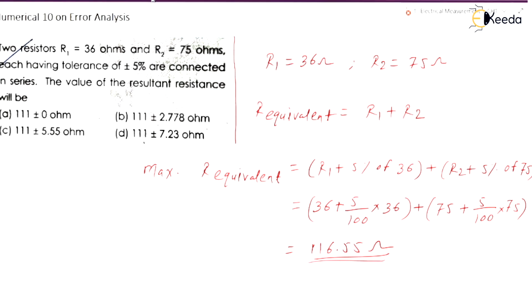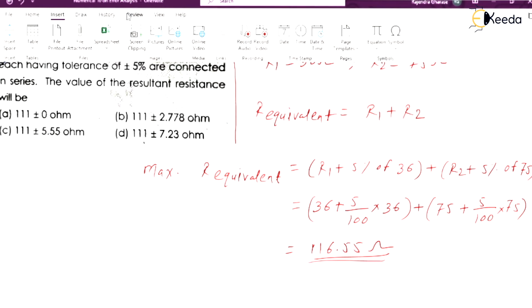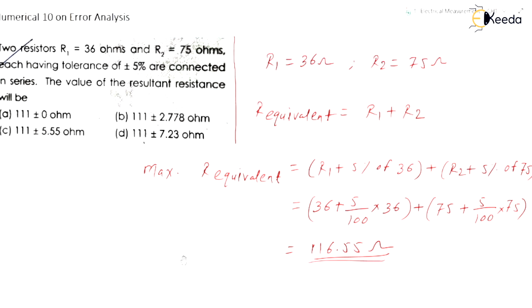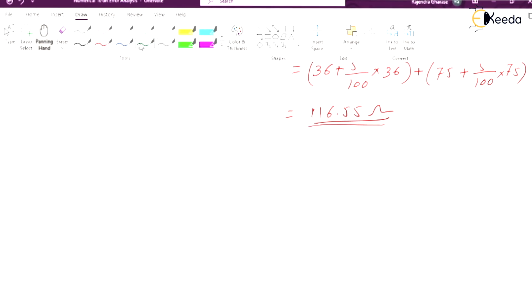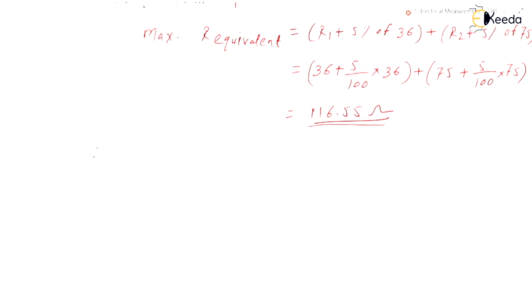Similarly, can we find minimum value of R equivalent? Yes, we can write minimum R equivalent is equal to R1 minus, now instead of plus here it will be minus 5% of R1 value, that is 36, plus R2 minus 5% of 75, that is the value of R2.